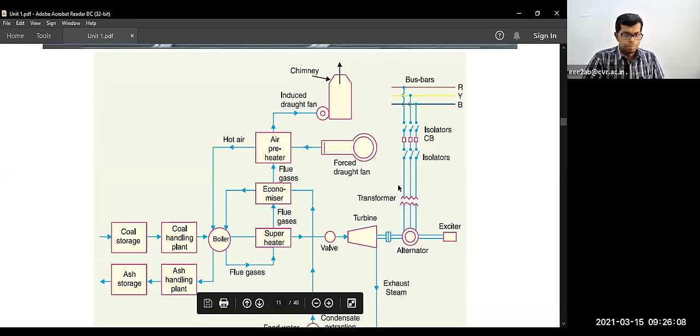Also, the salaries, that is the operation and maintenance costs, are very high, because for maintaining this we need to spend more rupees for running the plant.